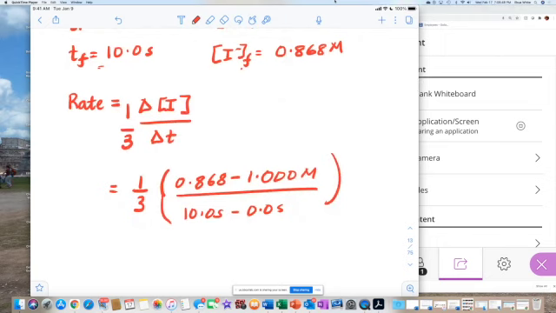I mean, you can put the M both sides if you want to. Let me be consistent. It's the small things. Okay, there. So I'm going to forget the negative on purpose so you can realize that, remember, rate is always positive, so you're going to need the negative there. Just in case you forgot it, just bring it back in. 0.868 minus 1.